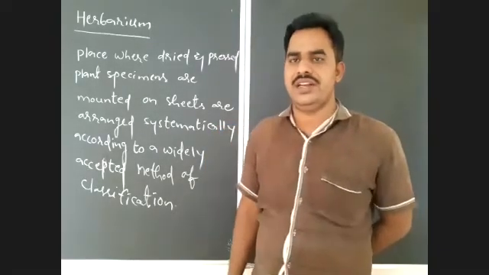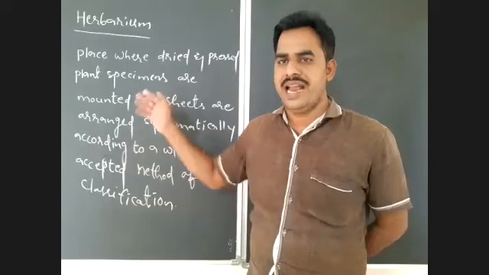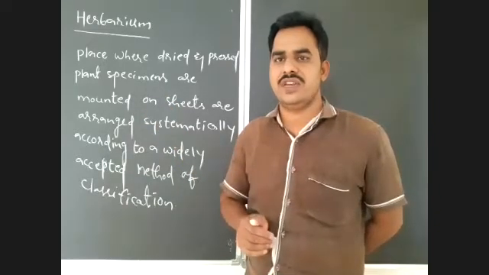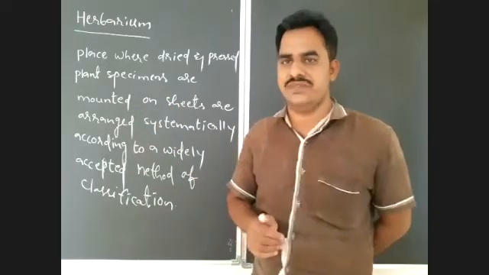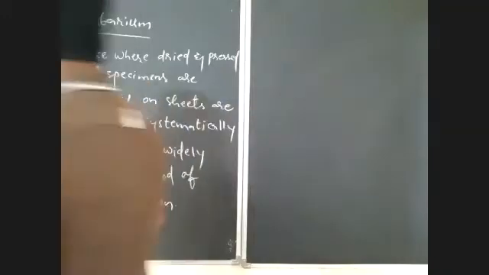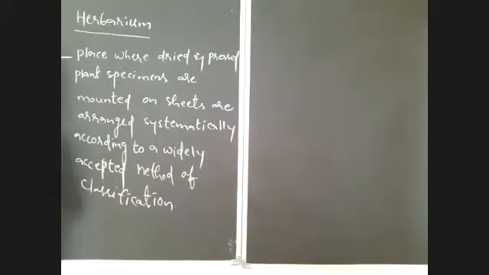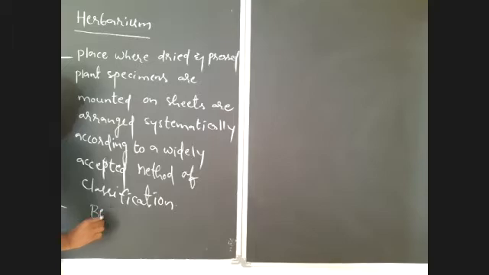For example, in India, for plants, the mainly used method of classification is Bentham-Hooker classification. So in India, they are using a widely accepted method of classification, that is Bentham and Hooker classification.